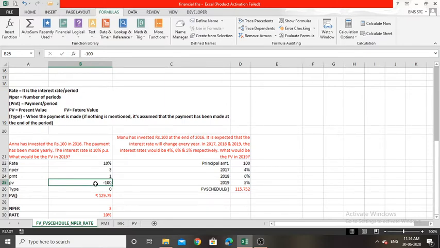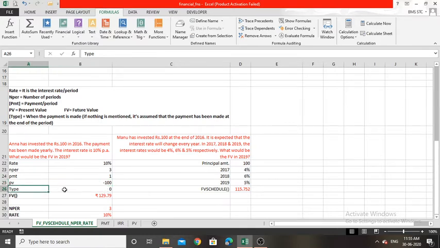We are giving our money from our hand to something else, so to denote that cash outflow, it's not an inflow, we use a negative symbol.